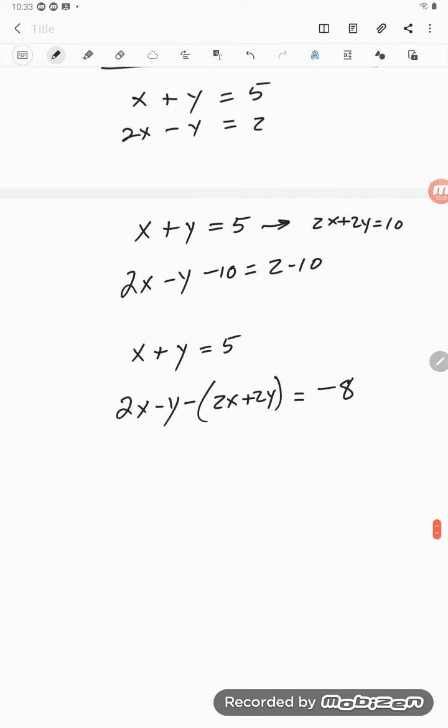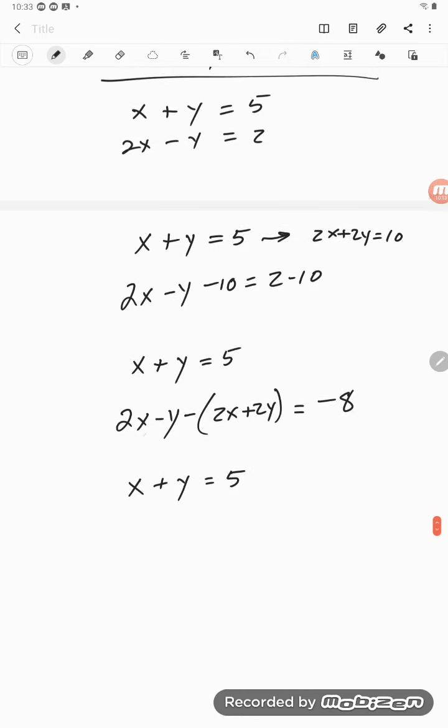Then I can rewrite that again, x plus y equals 5, distribute the negative and collect things up. I have a 2 and a negative 2, so there's 0x. And I have a negative y and a minus 2y, so there's negative 3y equals negative 8.